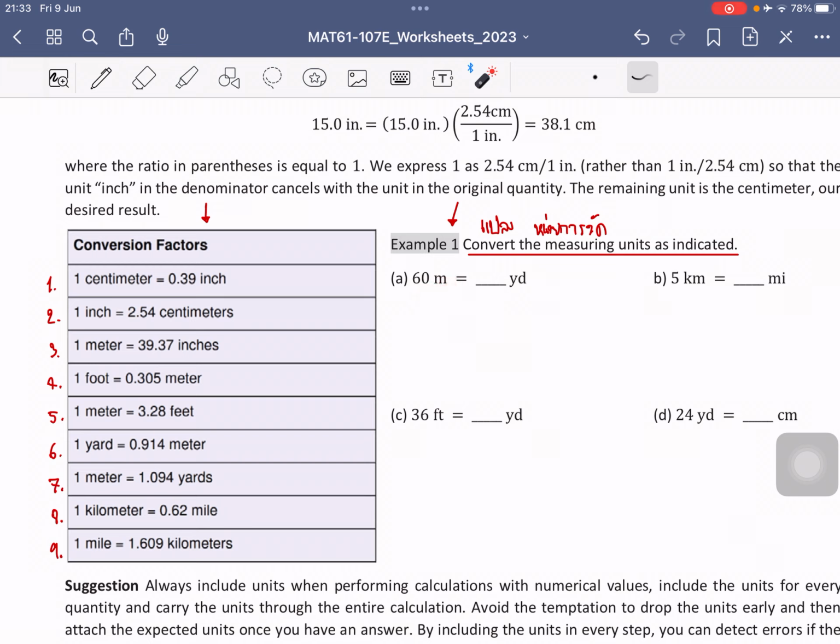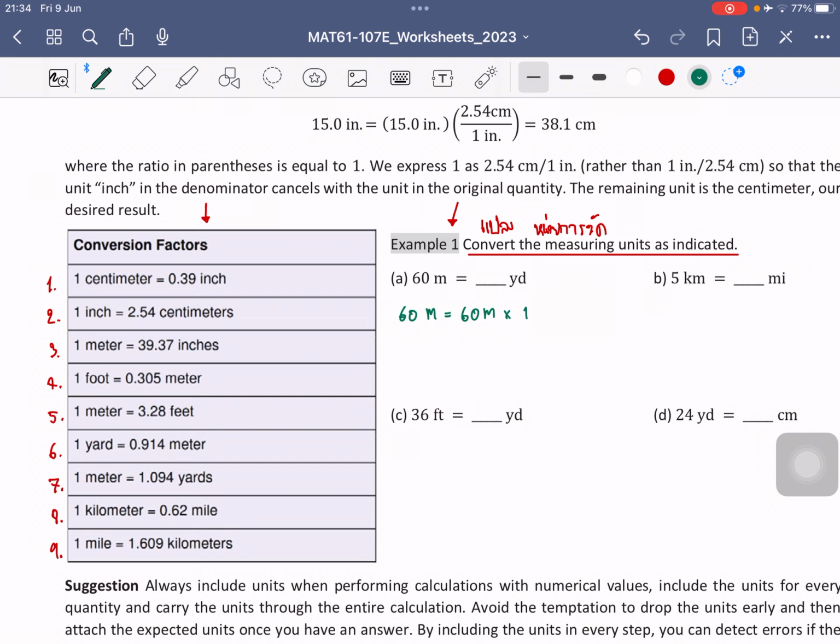So we have to look at row 7, is that correct? ถูกต้องนะครับ เราต้องการเปลี่ยนจากเมตรเป็นยาร์ด. Is that correct that 60 meters equal 60 meters times 1?